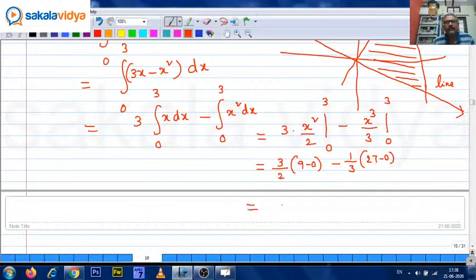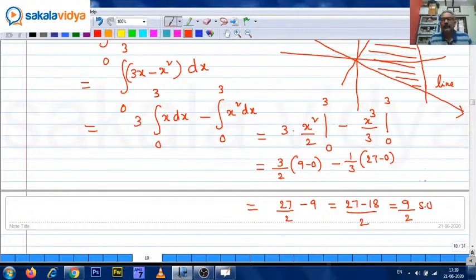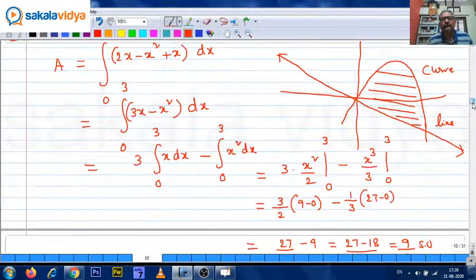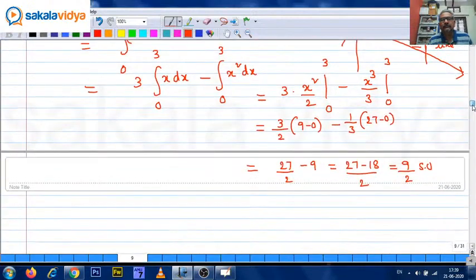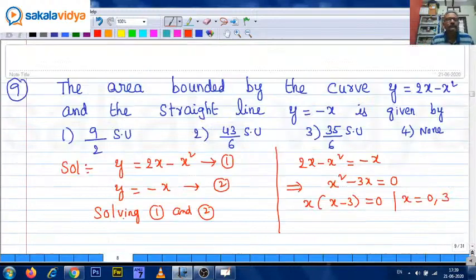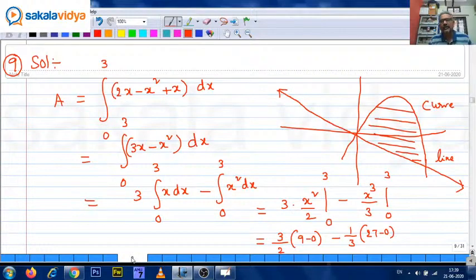This will be 27 upon 2 minus 9, 27 minus 18 upon 2. That will be 9 by 2 square units. 9 by 2. Okay, check the method.